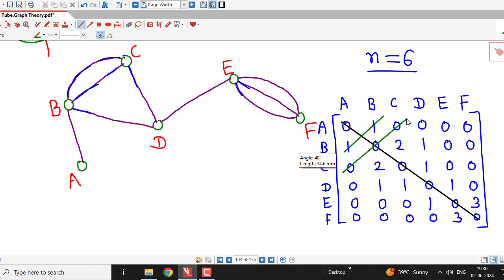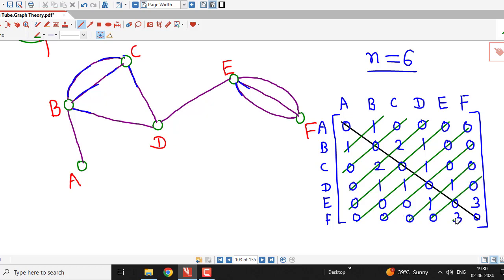This is also the same, 0 and 0. Here I have 0, 2, here I have 0, 2. Then I can see that here also I observe symmetry. So we can see that entries are symmetric with respect to the main diagonal, and therefore this is a symmetric matrix. Therefore our answer is correct.